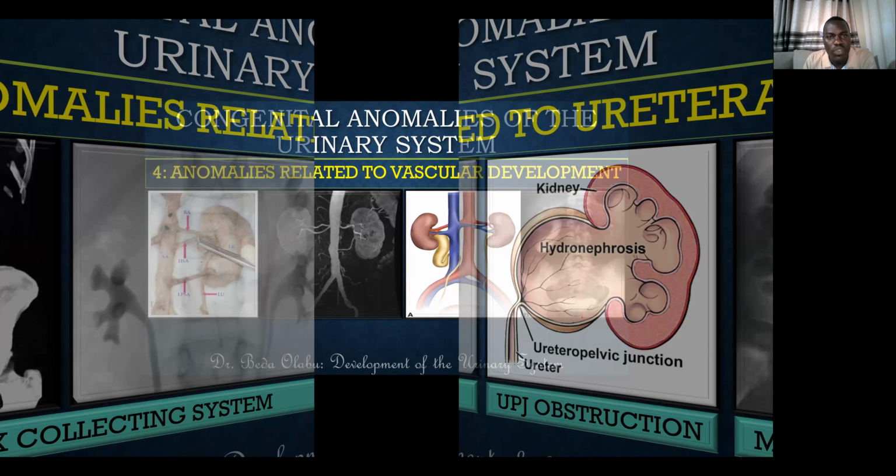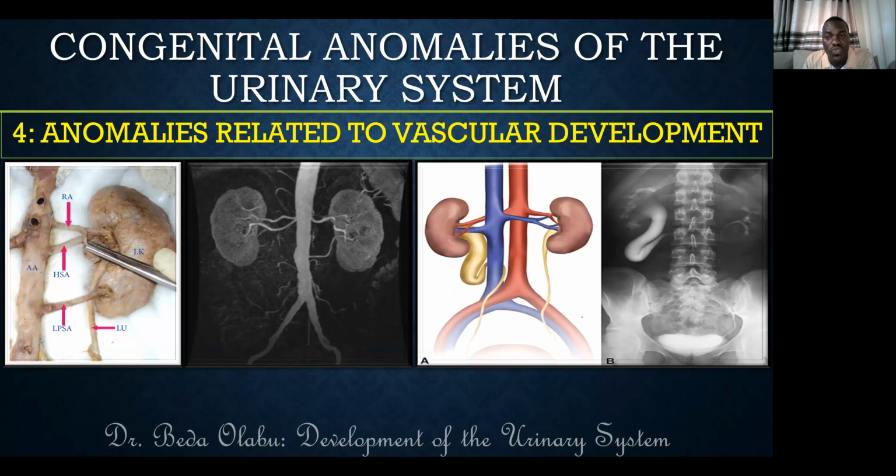Okay, then there are malformations that are related to vascular development. I'm not so sure whether you'll be able to pick these ones. You should be able to pick the first two. Maybe the last two will help you people. Daniel, the first two are yours. This and this show you the same clinical entity. What do you think is the problem here?